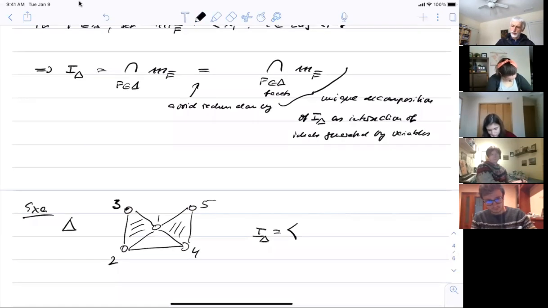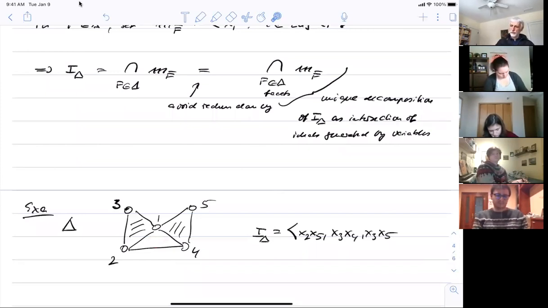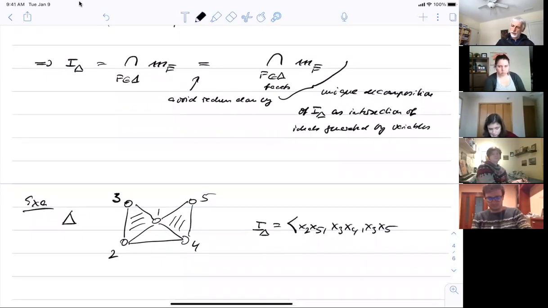So the corresponding monomials have to be in the ideal: x2 x5, x3 x4, x3 x5. But we are also missing the simplex with vertices 1, 2, 4. So that is another monomial in the ideal. And that's the Stanley-Reisner ideal.